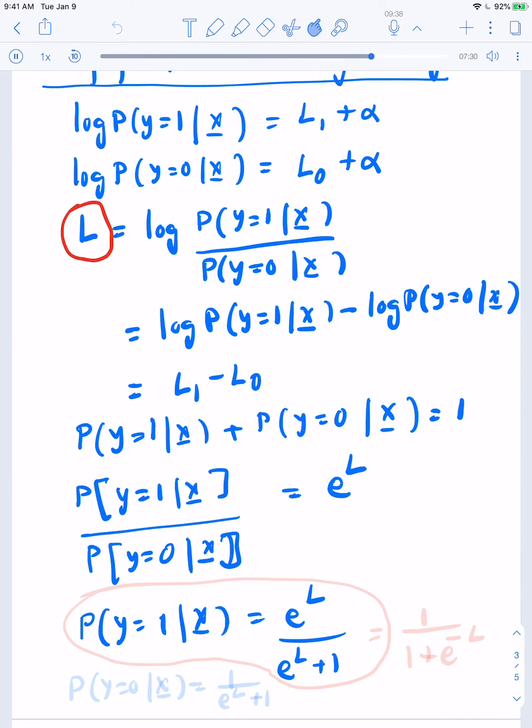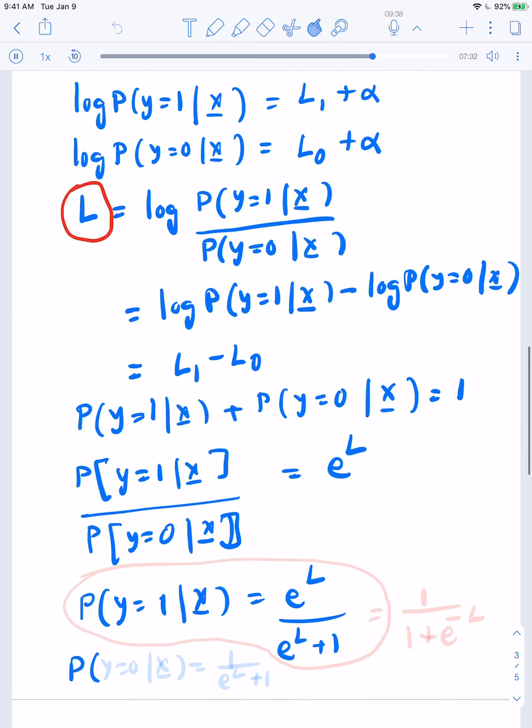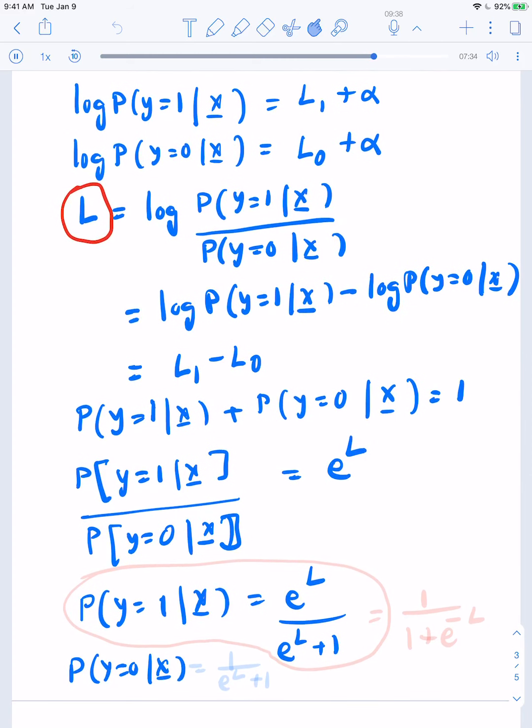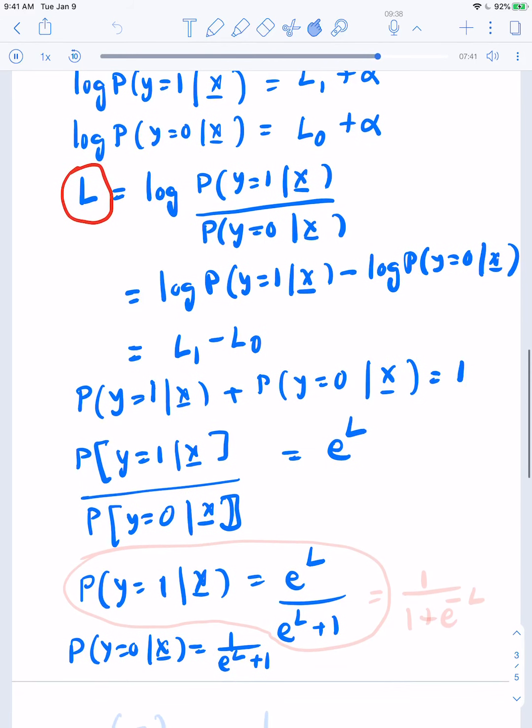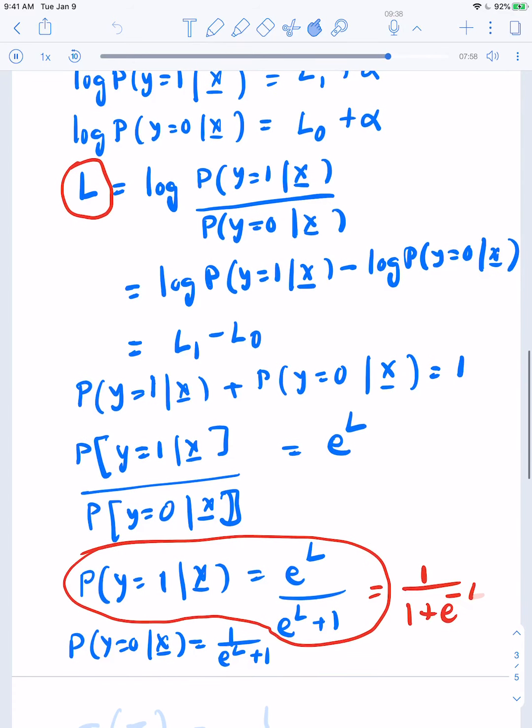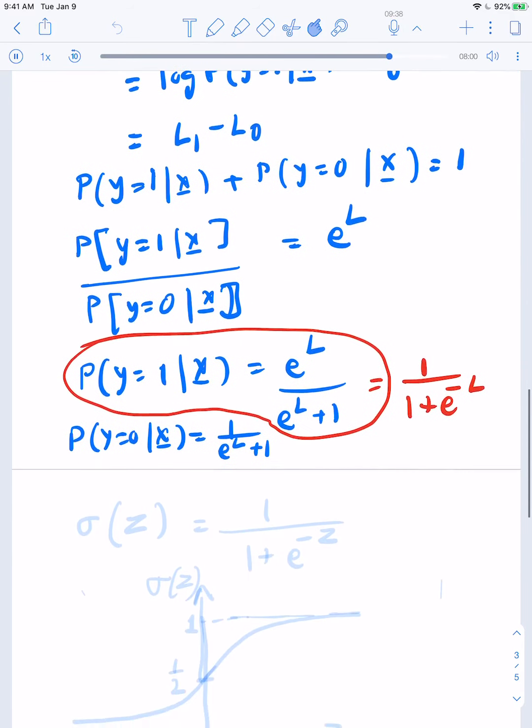And the other one, the probability of y equals 0 given x, is of course 1 over e to the L plus 1, right? It's enough to specify one of them because they add up to 1. We often look at this first one and write it as 1 over 1 plus e to the minus L, and this is called the sigmoid function.